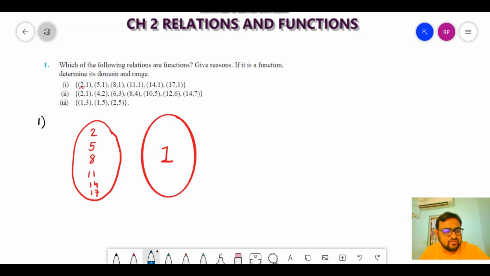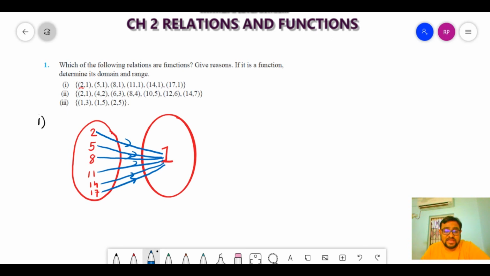Now if I take the relation, 2 is related to 1, 5 to 1, 8 to 1, 11 to 1, 14 to 1, 17 to 1. See here, every element of the domain is having only one image.